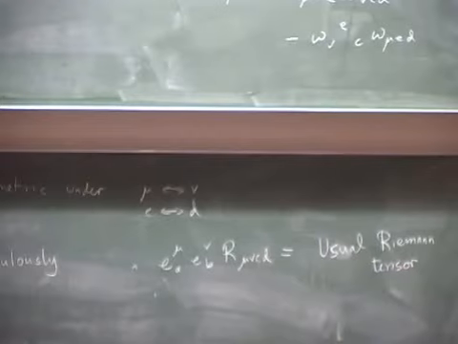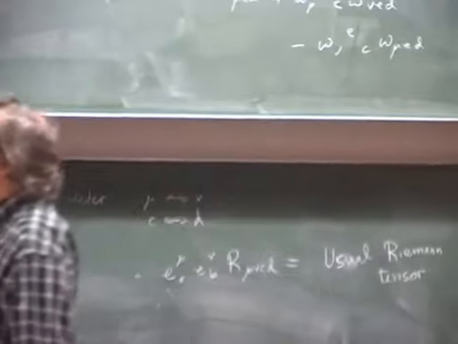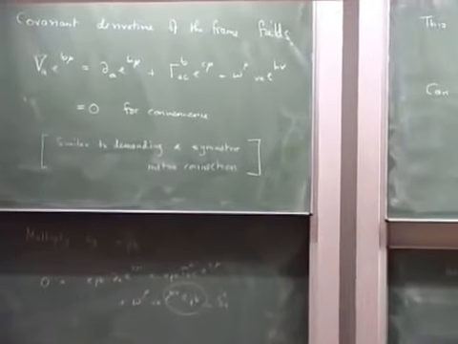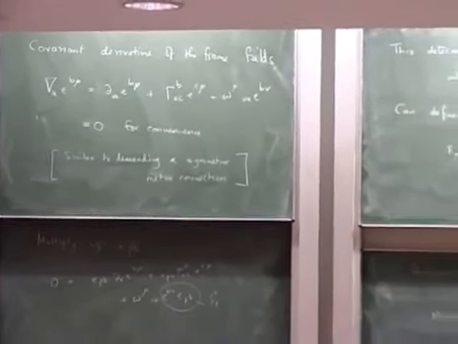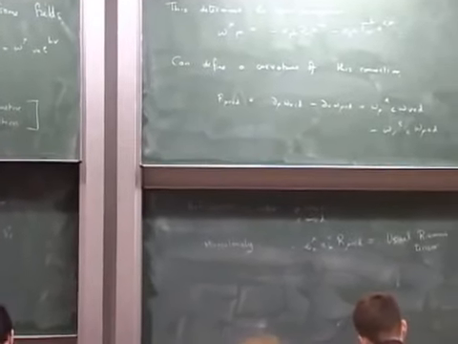That is a consequence of having defined the spin connection this way, or alternatively, it's a consequence of choosing the covariant derivative of the frame fields to be equal to 0.